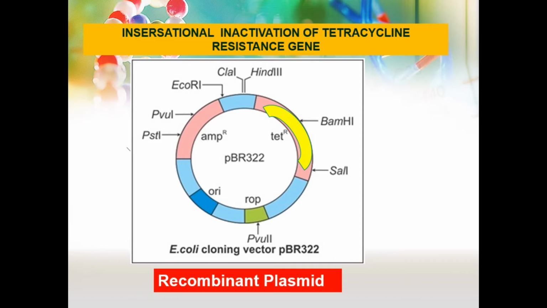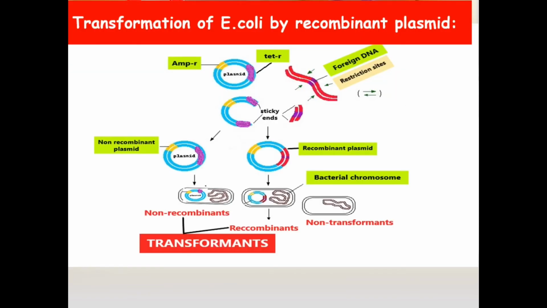The transformation of E. coli by recombinant plasmid. As already discussed, when we treat the vector and the foreign DNA with restriction enzyme, sticky ends develop. When we add ligase to the solution, one probability is that the gene will get integrated with the vector DNA, and this plasmid is called recombinant plasmid.